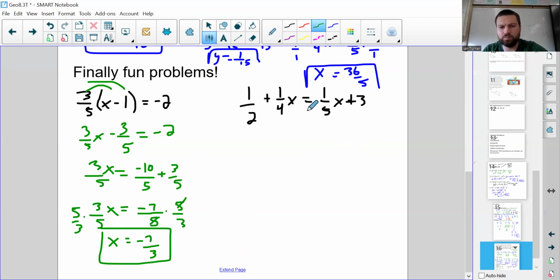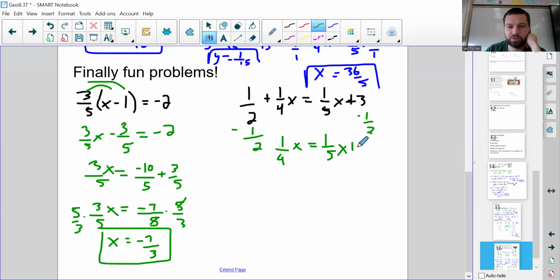All right. Two-stepper here. Let's get rid of this half first. So there's more than 2 steps. So we need to turn 3 into halves. 3 into halves is what? 6 halves. Is that right? Yeah. So we get 1/4 x equals 1/5 x.